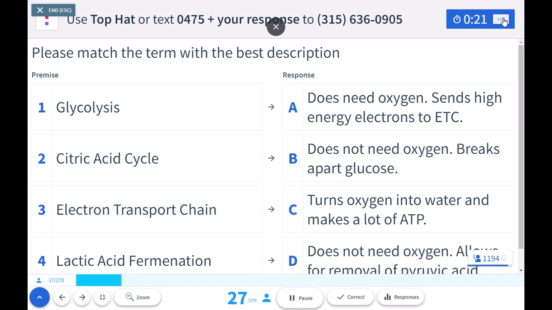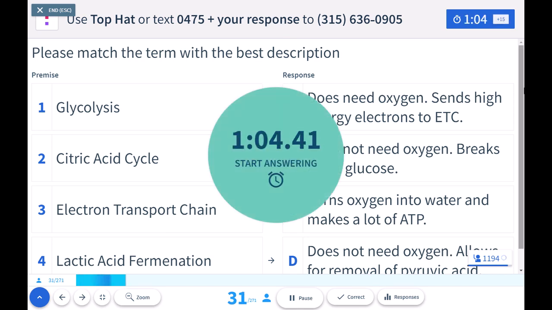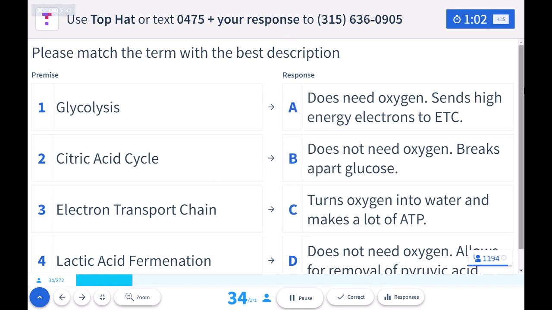This is kind of a beefy question. I'll give you some more time. So we have about a minute left. Does glycolysis pair with turns oxygen into water?